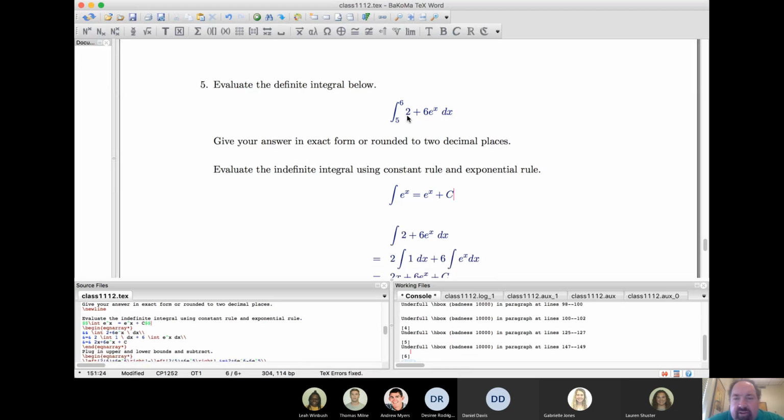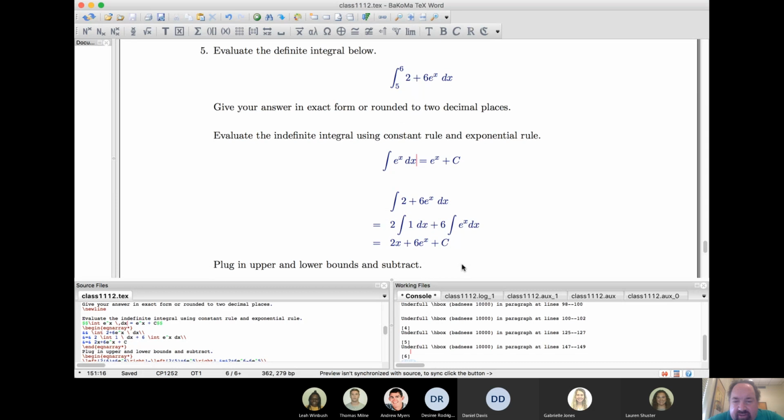All right, here our function is 2 plus 6 e to the x. So this is what we're going to need here: e to the x is its own antiderivative. So I break this up into the sum of two integrals. So we have 2 times the integral of 1 plus 6 times the integral of e to the x.